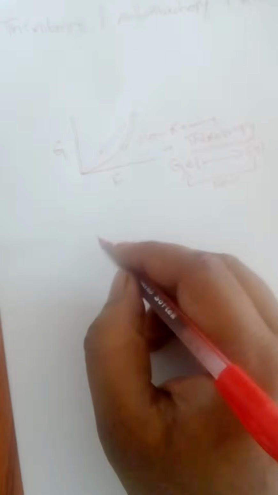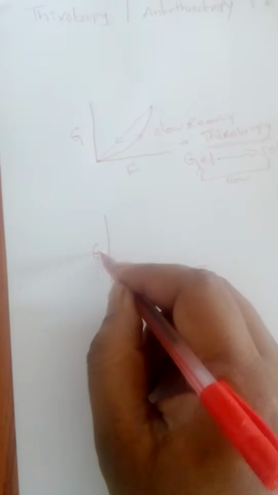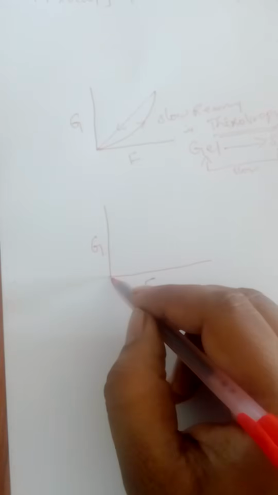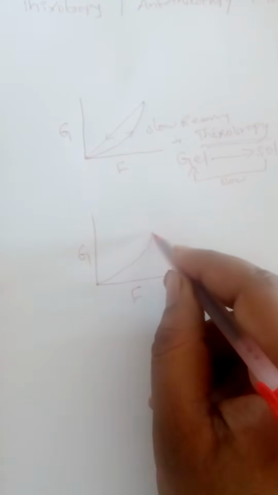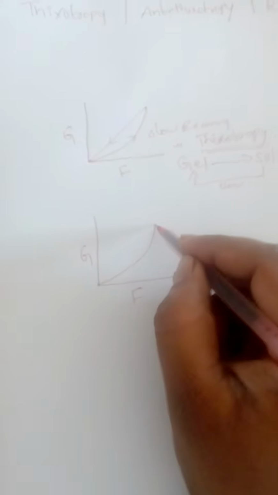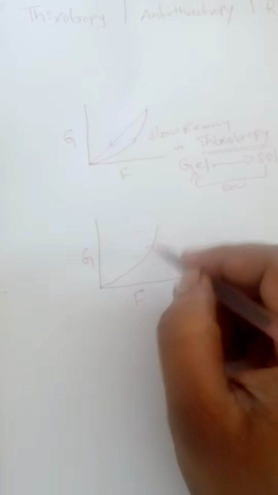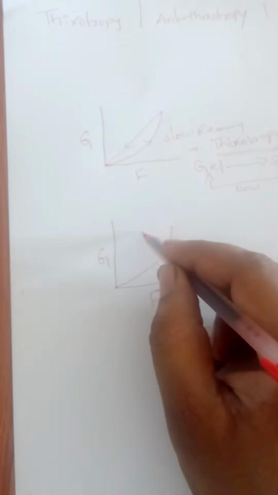In case of antithixotropy, if we increase the shear stress, the rate of shear slowly increases, just like shear thinning or pseudoplastic systems. When we remove the shear stress, the down curve of a thixotropic or shear thinning system shifts towards the left side of the up curve.